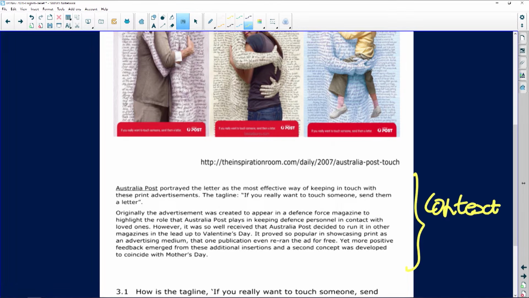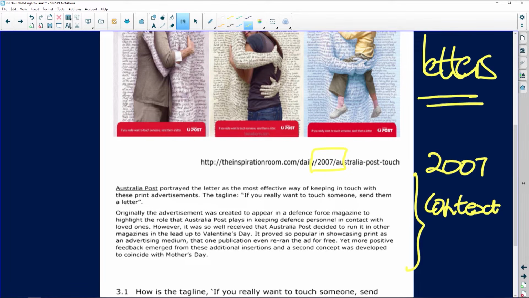Always look at, what have I taught you in your intensive reading? Year. So we're looking at 2007, where the post office was trying to push letters as opposed to digital communication. Right, and especially around Mother's Day.